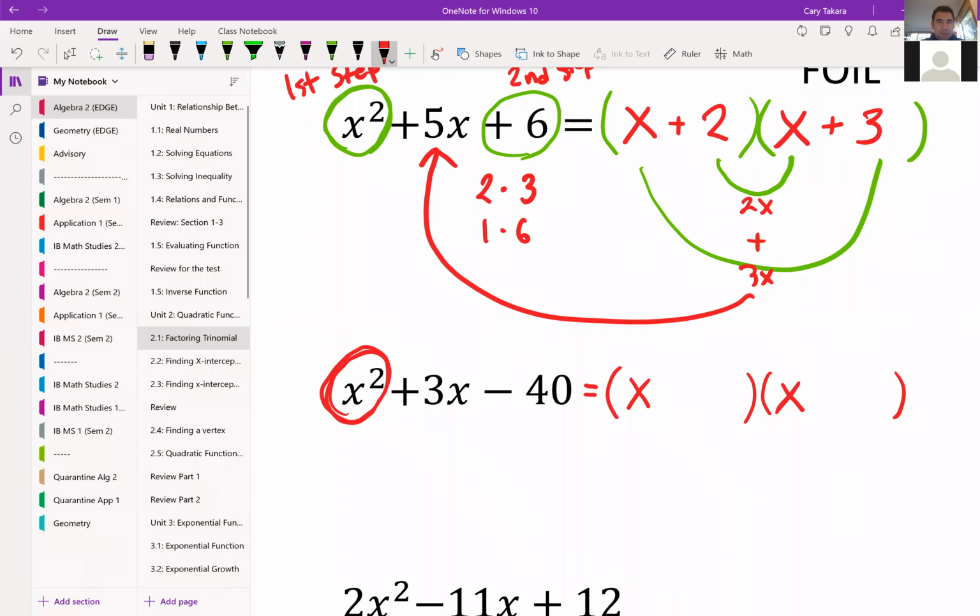We're going to skip the middle term, 3x, but we're going to examine this negative 40, okay? And you're going to ask yourself, what times what gives me negative 40? Now, there are lots of combinations, okay? Let's list them out. Now, I'm going to just disregard the sign for now. It's 2 times 20, right? One of them being negative. What else? 4 times 10.